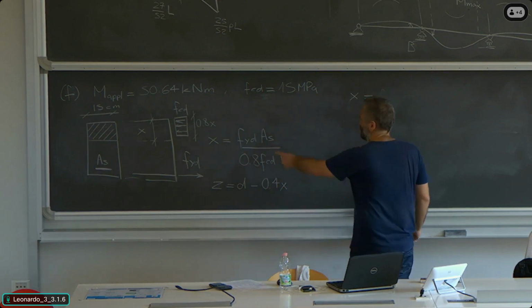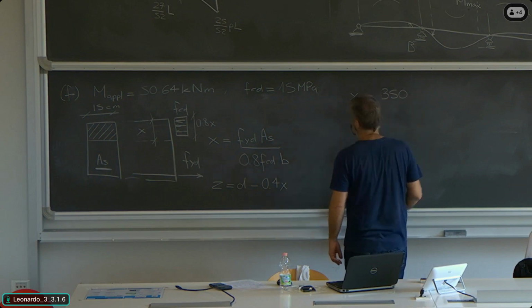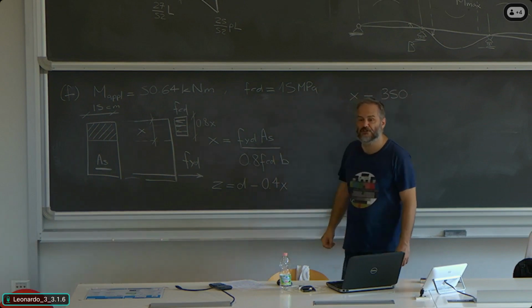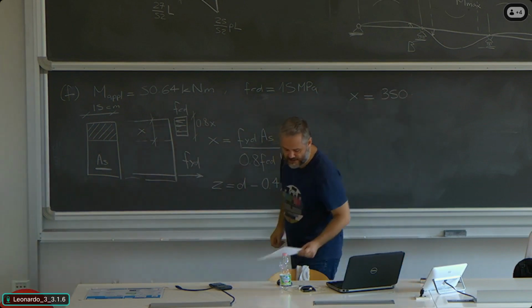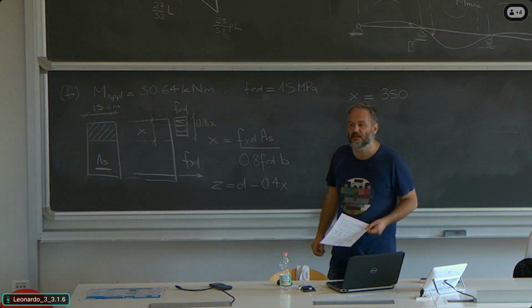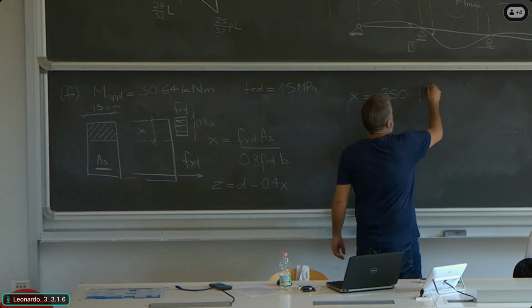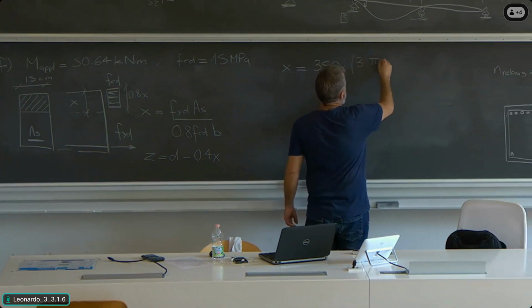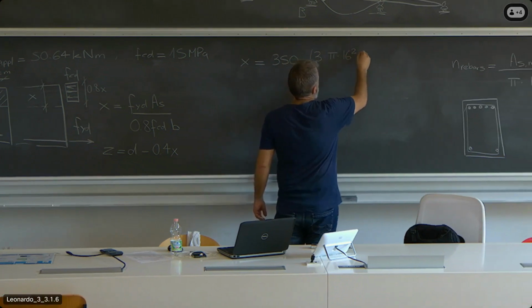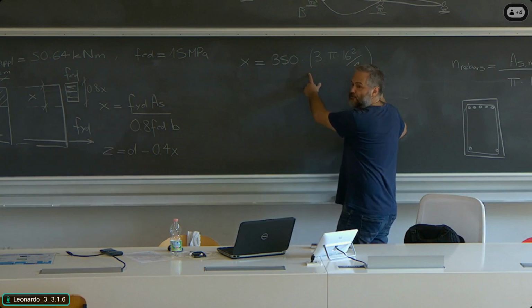Now, fyd 350 times As. How much reinforcement is there at this section? Again, point F, 3 16 mm rebars. So here it's 3 times pi times 16 to the power of 2 divided by 4. This is the amount of reinforcement.